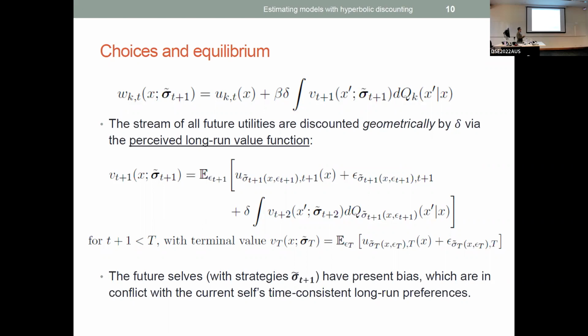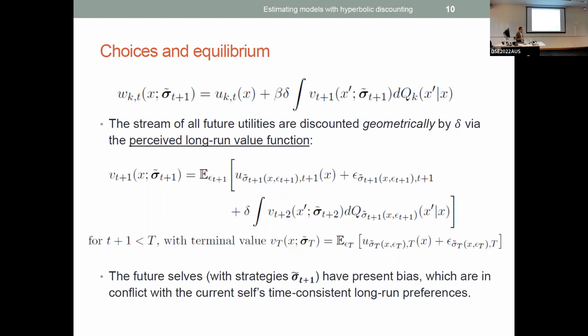It is an expected sum consisting of the utility flow. The utility flow is determined by your strategy in time period t+1, so this is part of your strategy profile. You know what to do given your realization of your state and also the error, which is integrated out.